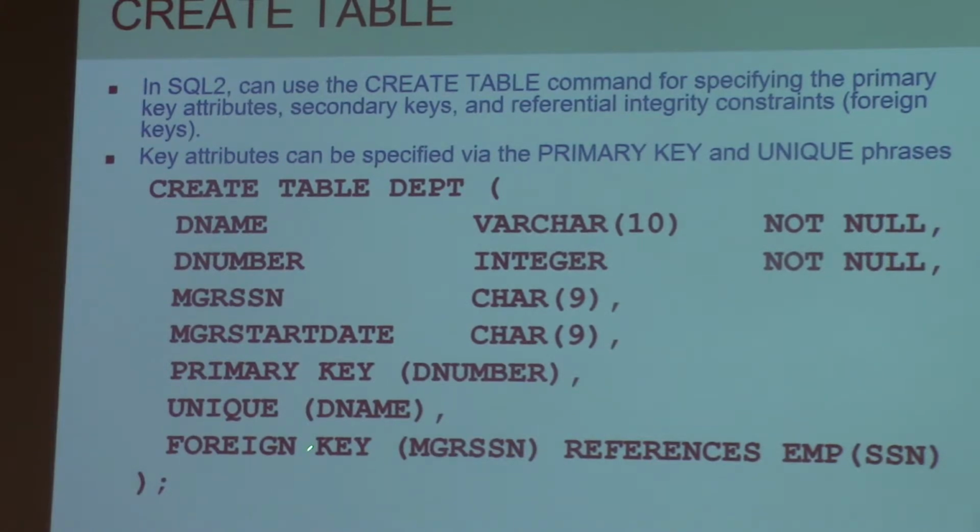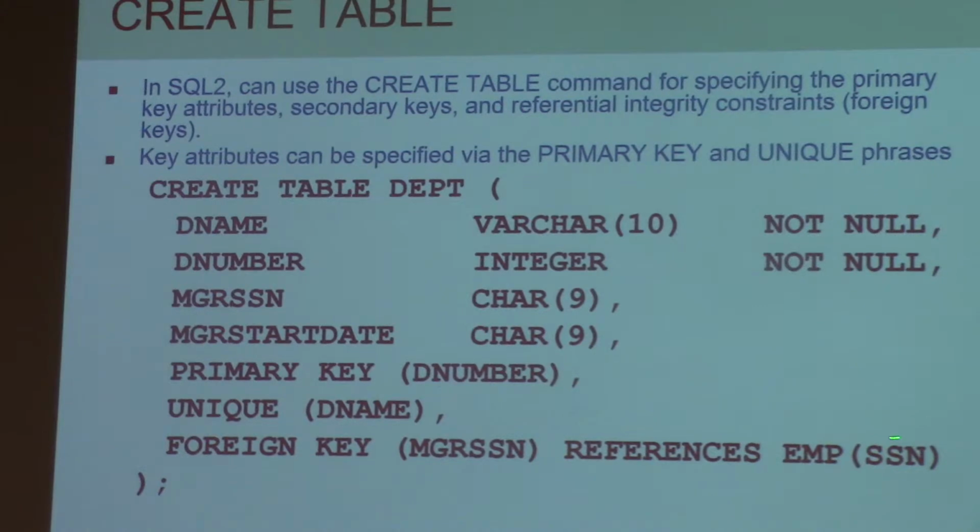Okay, and foreign key, what does this mean? Which one is referencing, and which one is referenced? Manager social security number is referencing, because it's here. And this one, the EMP table social security number, is the referenced target.